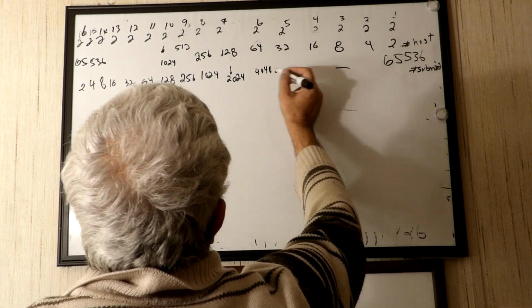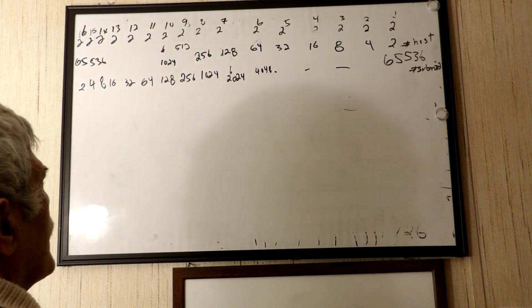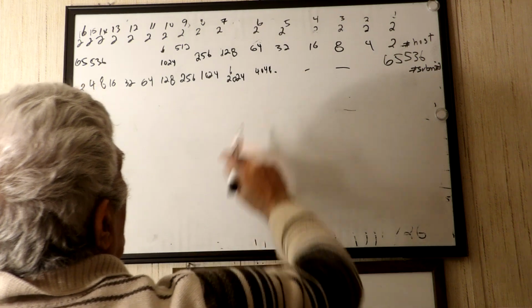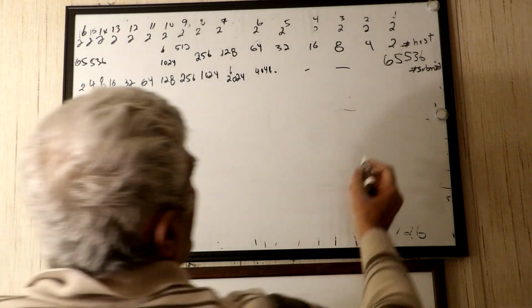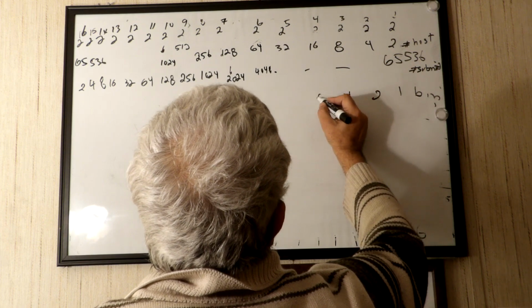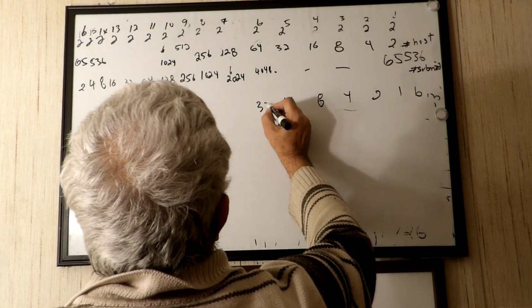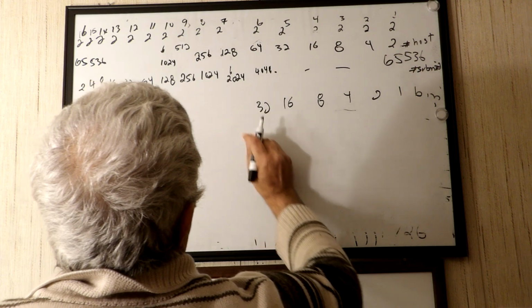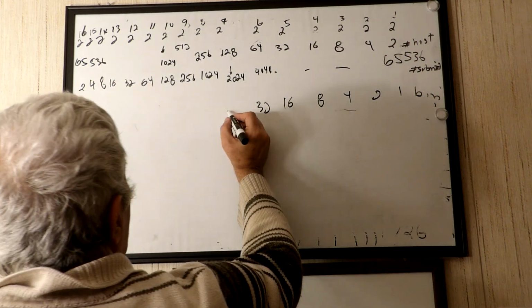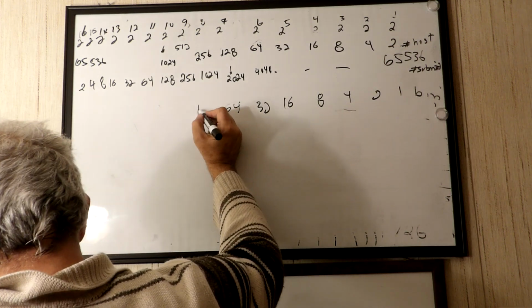Okay, and then you can write the rest of it, because every time you multiply by 2, and then the binary number is going to be 1, 2, 4, 8, 16, 32, 64, 128.